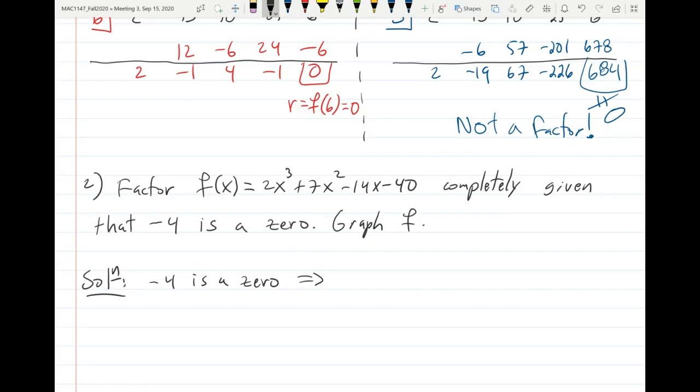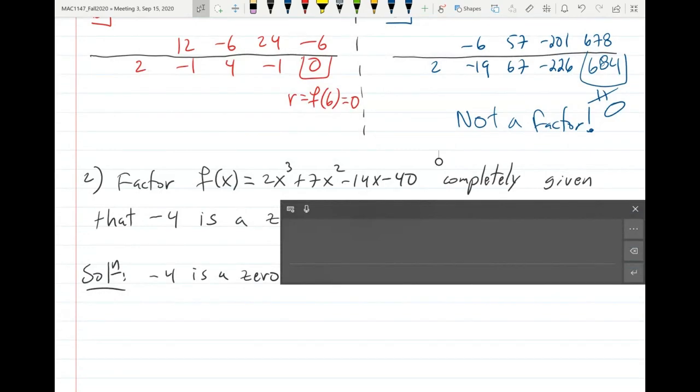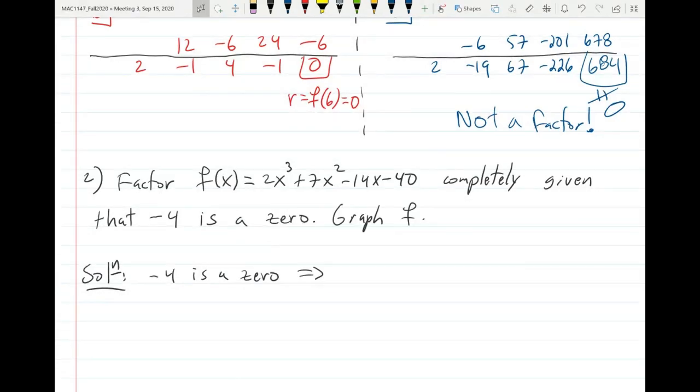You should not be telling me numbers. Read the theorem. Very good, Ramses. It would be x plus 4, right? Remember, that's what the factor theorem says. So if negative 4 is a 0, that means that x plus 4 is a factor. Remember, it was x minus c, so it will be minus 4. So x plus 4 is a factor of f.